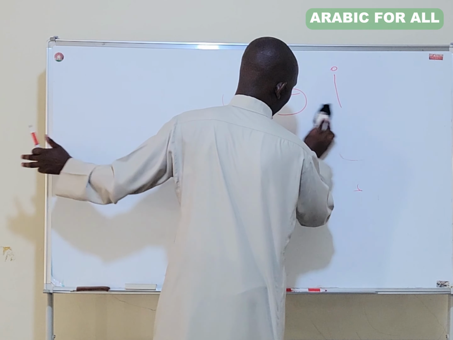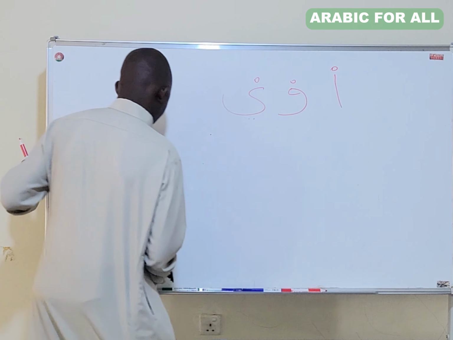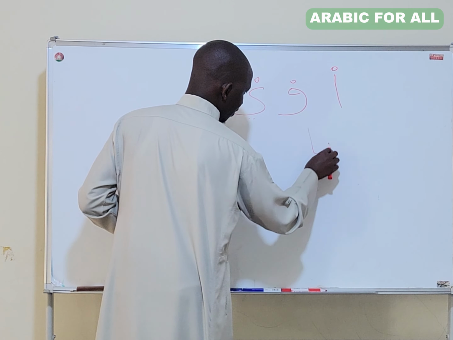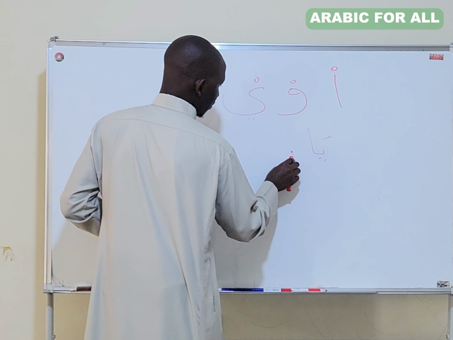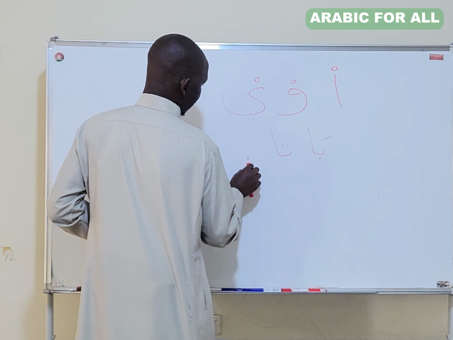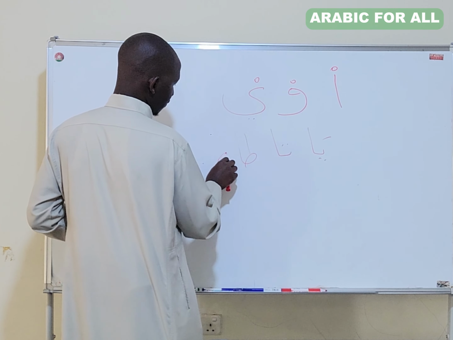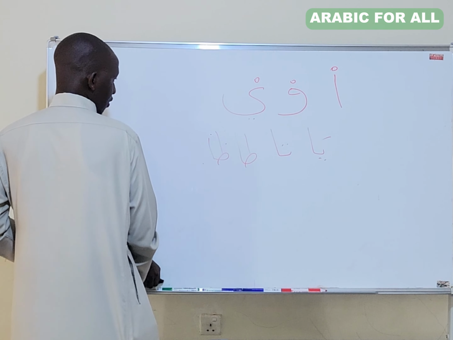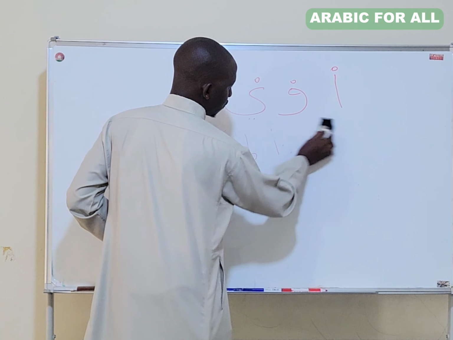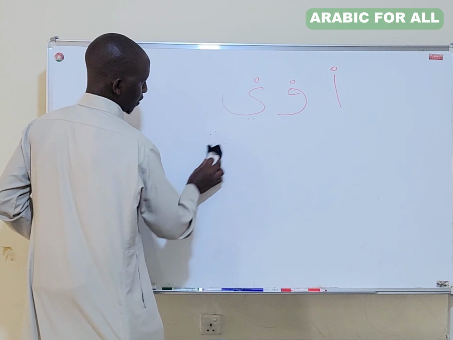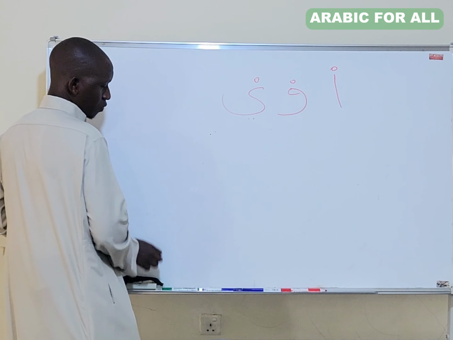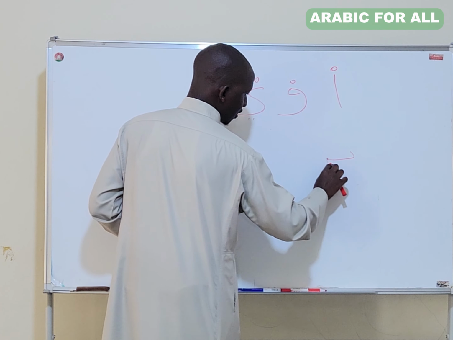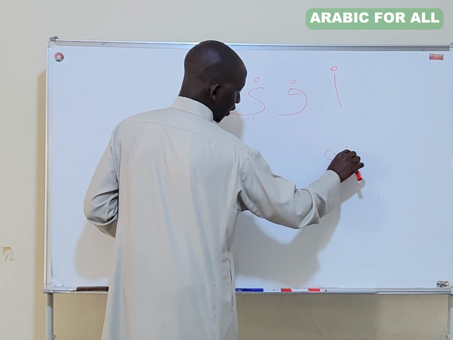It is the same case, by the way. It is the same case to ya, when it has fatha and then there is alif. Taa, we have taa. The same case, we have dhaa. What about when we have waw? Waw will be a vowel when there is dhamma on a letter.